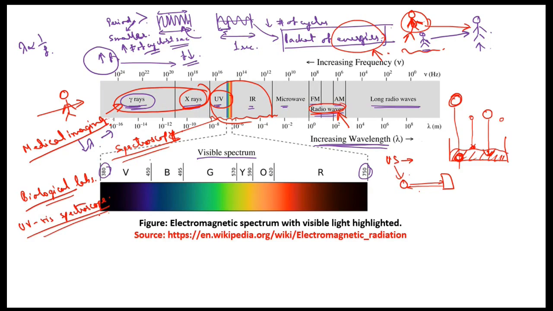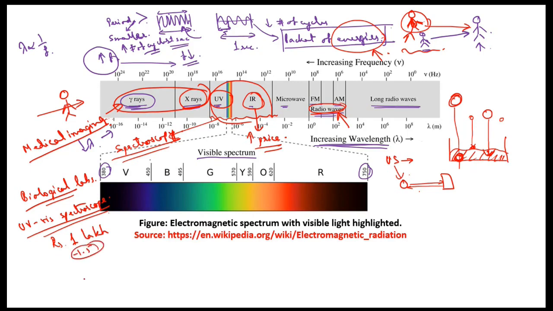Then you will also find IR spectroscopes, but these are not very common in most of the labs because the cost of this IR instrument is quite high. The cost of a typical spectroscope, if you want to go for a single beam spectroscope, starts at rupees 1 to 1.5 lakh.